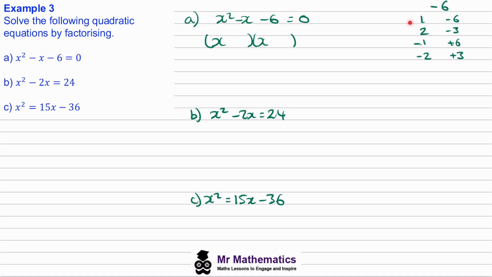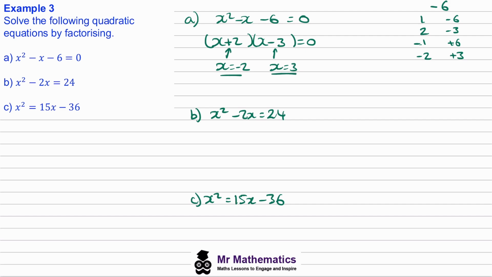And we need the combination which adds to make the negative 1. So this would be 2 and negative 3. So we'll write these numbers in the brackets. And then our solutions will be when this bracket equals 0, so x will equal negative 2. And when this bracket equals 0, x must equal positive 3.